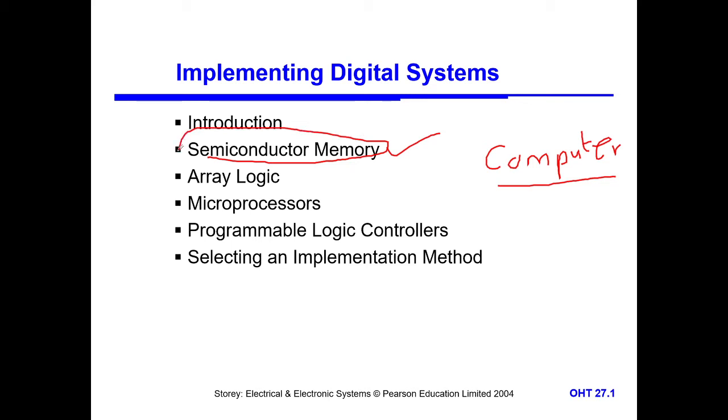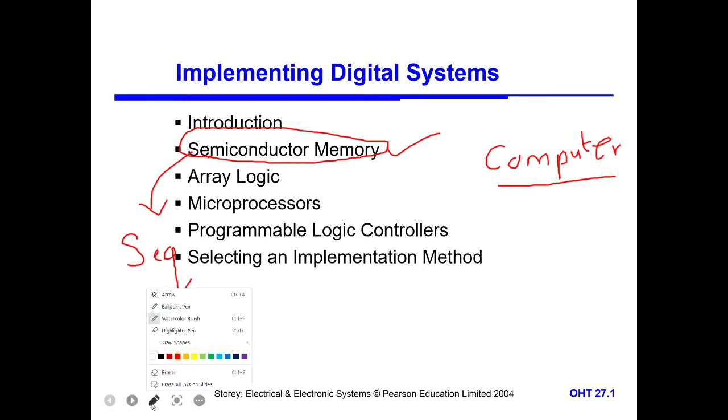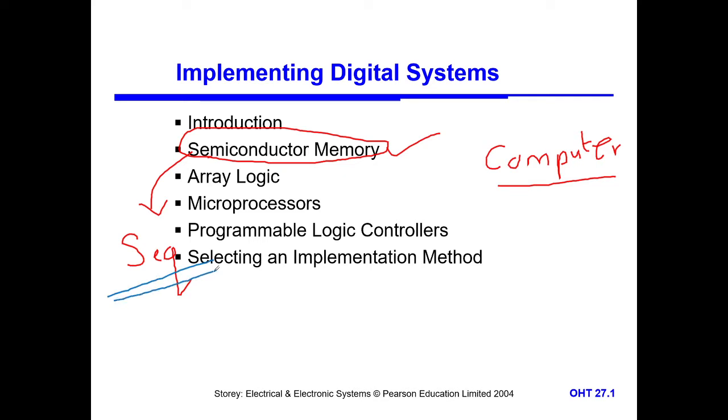We know that digital systems can be of two types. One is a combinational circuit, another one is a sequential circuit. In a sequential circuit we make use of memory. A sequential circuit is one in which the output can be generated by making use of the previous input or the previous output values, past output values.